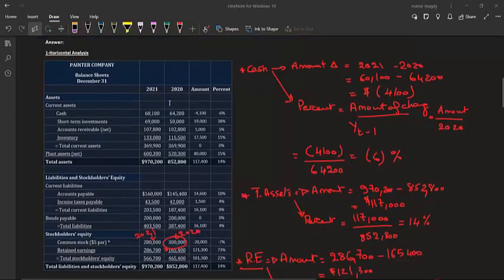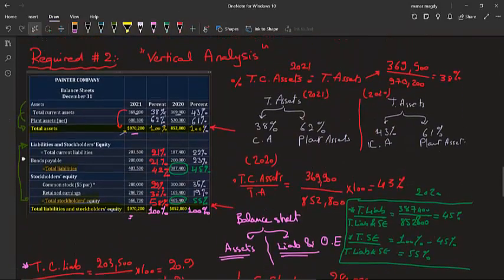Horizontal analysis is different from vertical analysis in that you compare from year to year, while if you're doing vertical analysis you are comparing accounts, how much this account compares to the total.